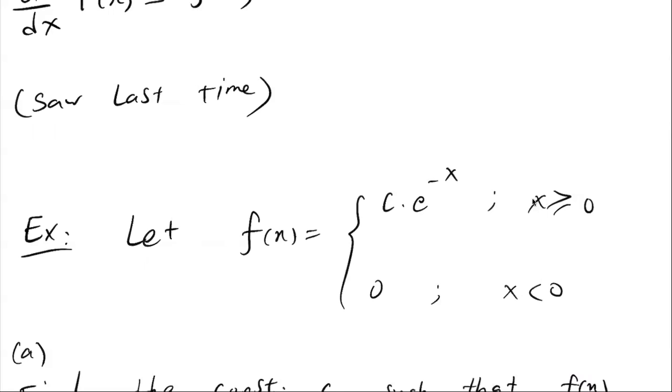So on open intervals 0 to infinity, PDF is e to power minus x, which is continuous. And on minus infinity to 0, PDF is constant function 0, which is continuous. So these are the intervals that I can use in order to check whether derivative of CDF is PDF.